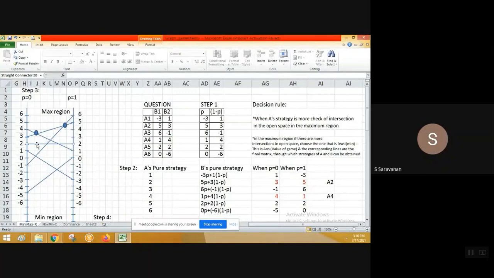And the last one, minus 5 connected with 0. Like this, you have to connect when p equal to 0 and when p is equal to 1. Am I clear?